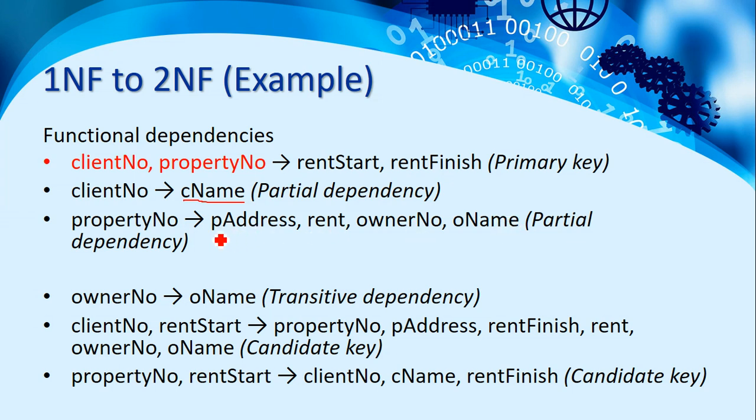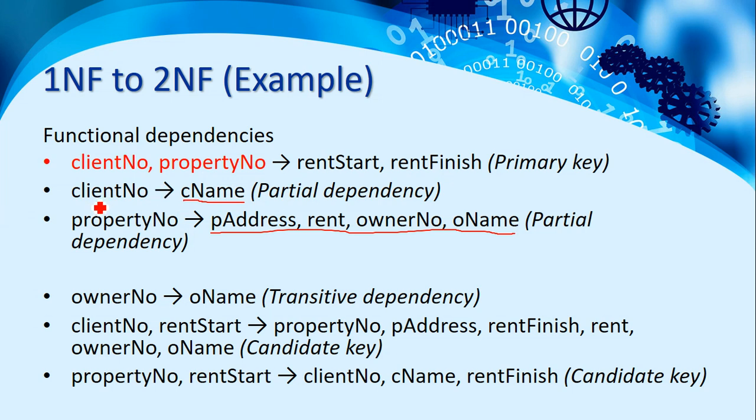So therefore, these are all the partial dependencies. Recall that a partial dependency is a condition where, if we remove part of the key, the dependency still holds. So therefore we have a partial dependency.